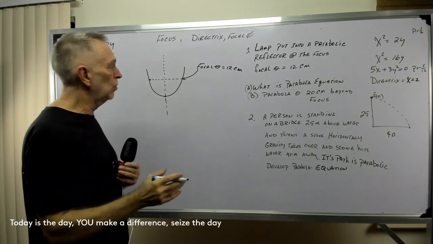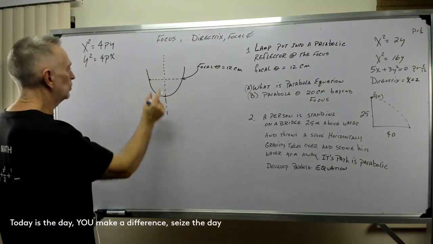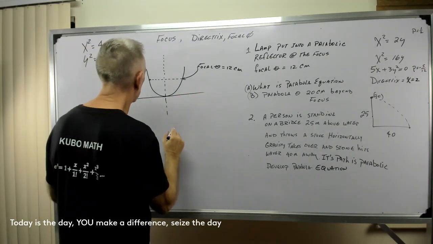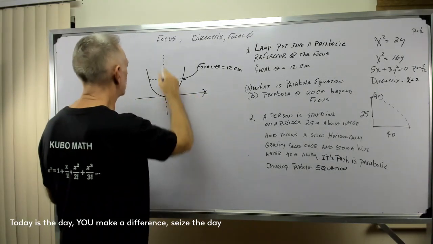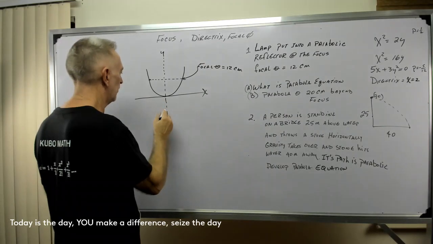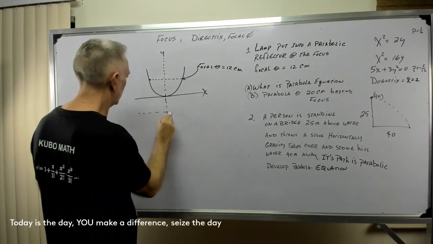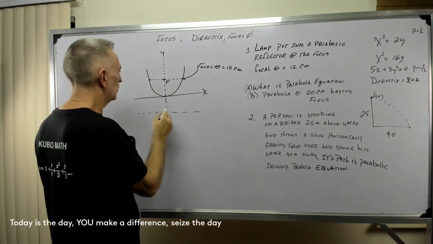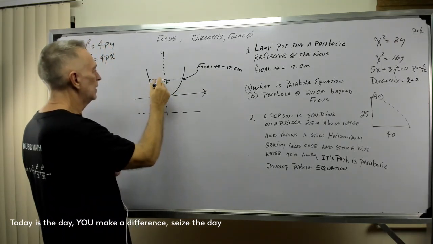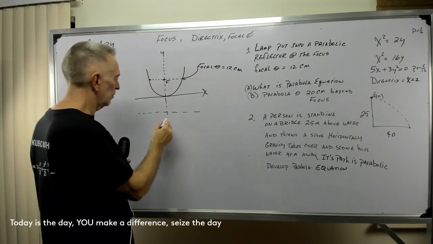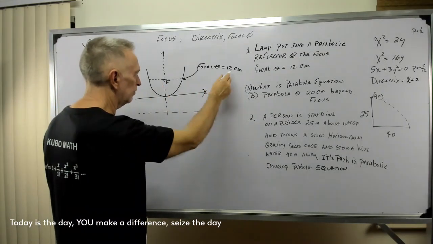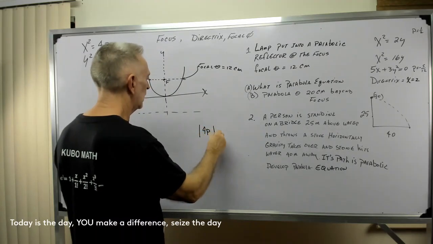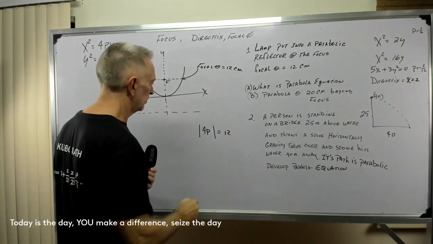Now in this case, this thing opens up. That's my x-axis, that's the y-axis. We've got a directrix out here somewhere, and this is going to be our focus. We've got to figure out what p is. Well, the absolute value of 4p equals 12 centimeters.